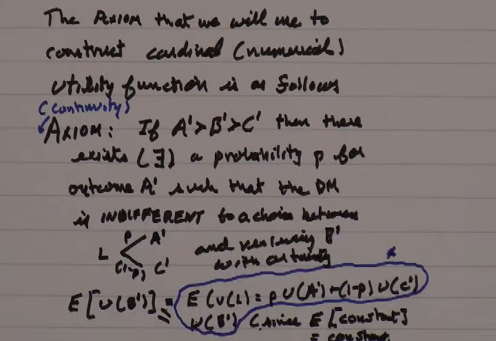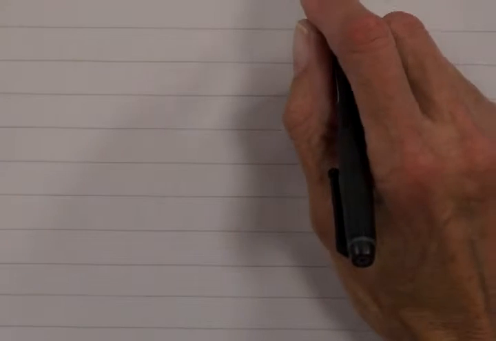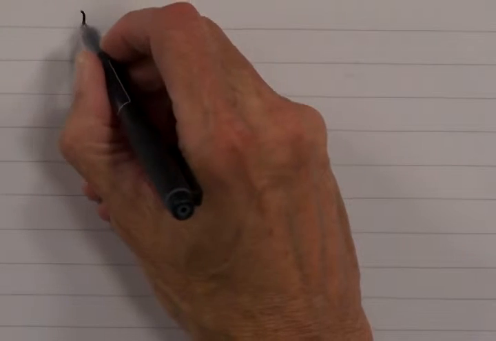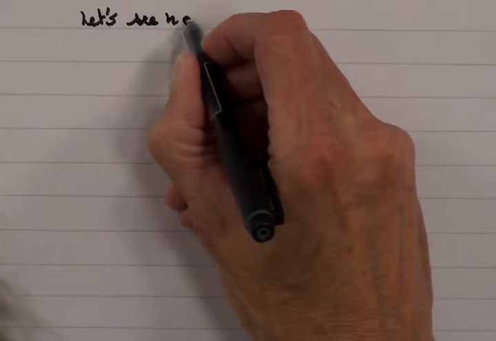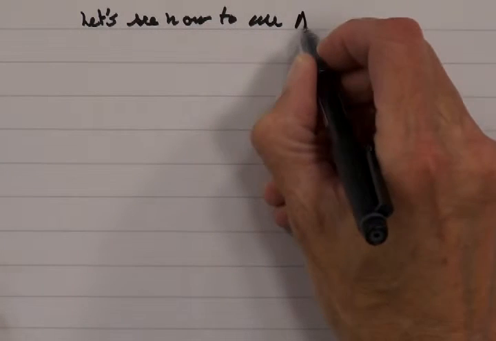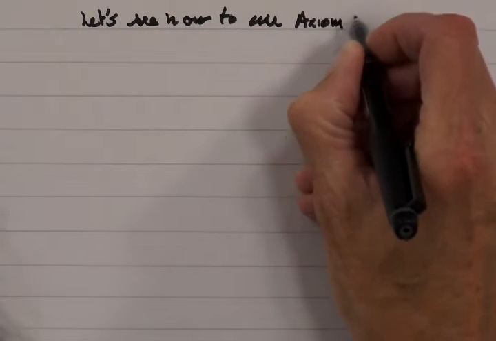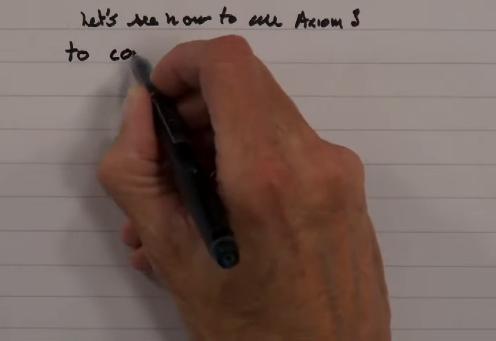Okay. Now let's see how to use axiom 3 to construct a utility function.